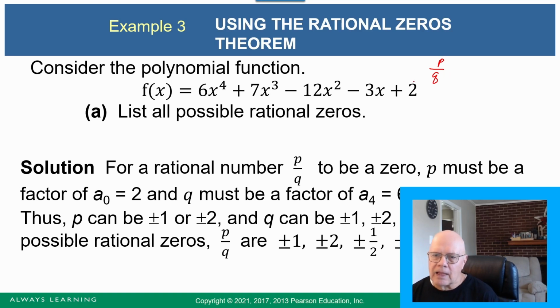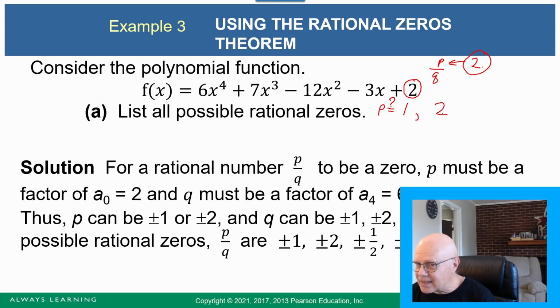So, this means that P is coming from one of the factors of 2. What are the factors of 2? What divides into 2? 1 does, and 2 does.